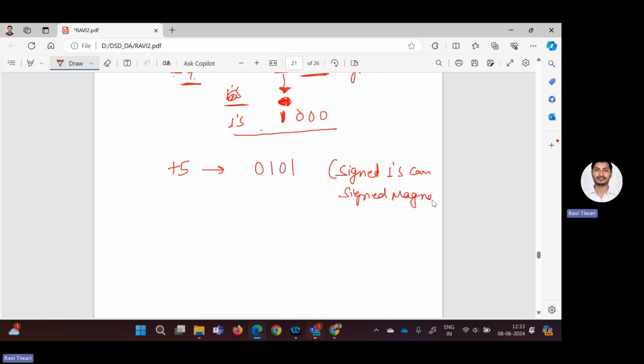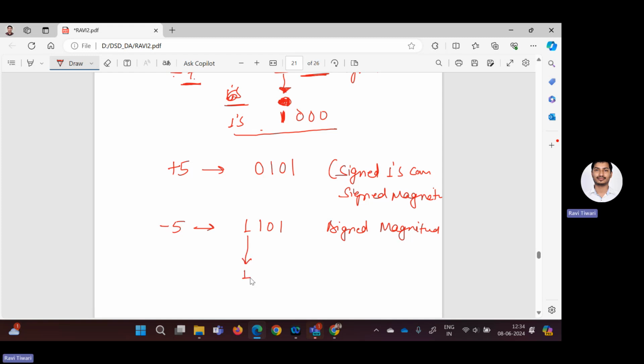But what will happen if it is negative 5? First we have to represent it in the sign magnitude form, and that is 1 because the number is negative, and then its magnitude, that is 101. This is the sign magnitude. But if you want to find the one's complement, as I told you earlier, the most significant bit will be the same.